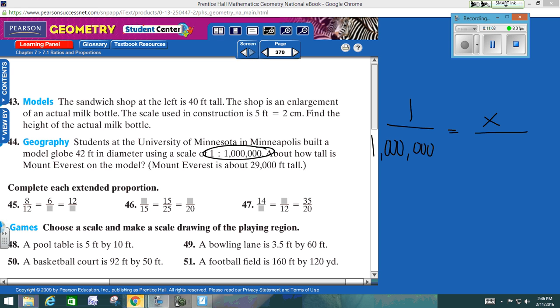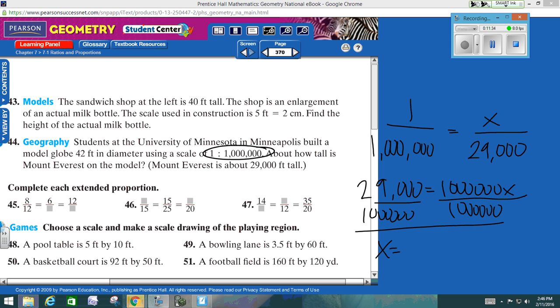Numerator, because these two things go with the model. 1 million is real life. In real life, Mount Everest is 29,000 feet high. Cross multiply. And you get 29,000 equals 1 million x. So then we have to divide by 1 million.